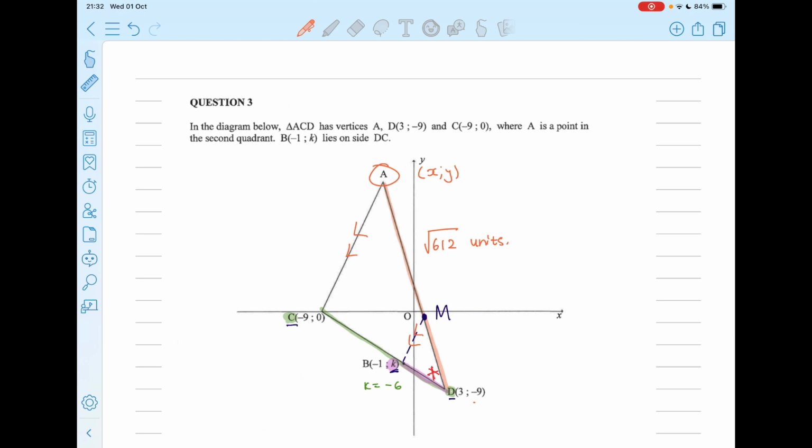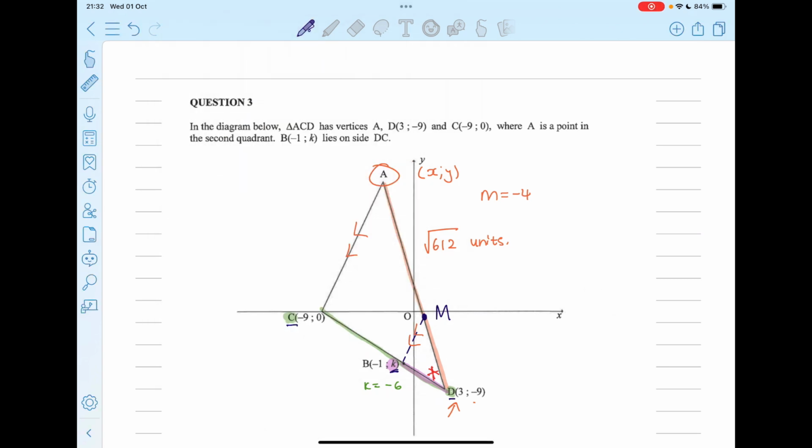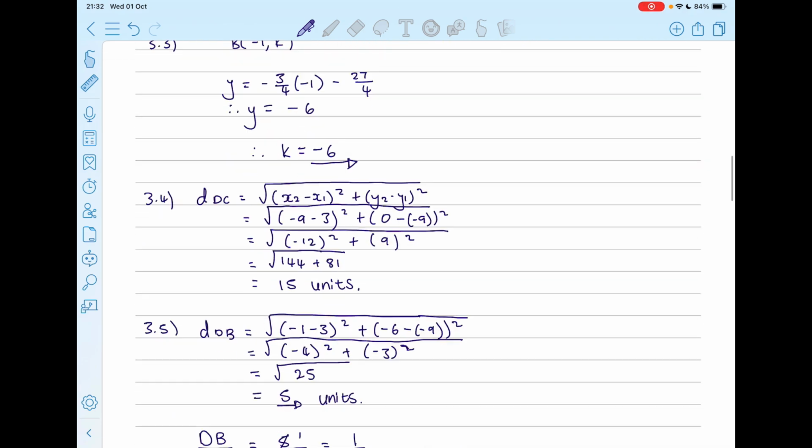So that means we need a second one. But we've been given the gradient, right? We know the gradient is equal to -4. We've got 1 point. So that then reduces our unknowns, and we can solve these two equations simultaneously. So let's do that. Let's start with calculating the equation of the line.